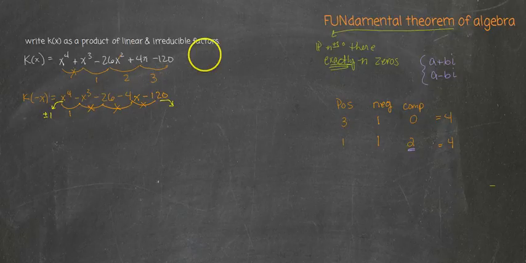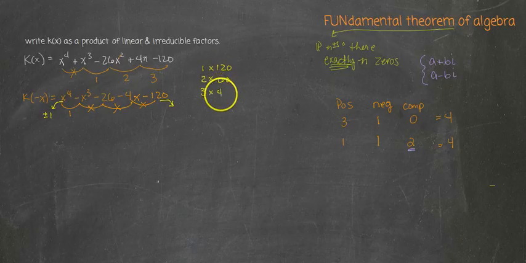So let's go and see what they all are. I have 1 times 120, 2 times 60, 3 times 40, 4 times 30, 5 times 24, 6 times, and this gets easier because 3 times 2 is 6, so just divide 40 by 2.